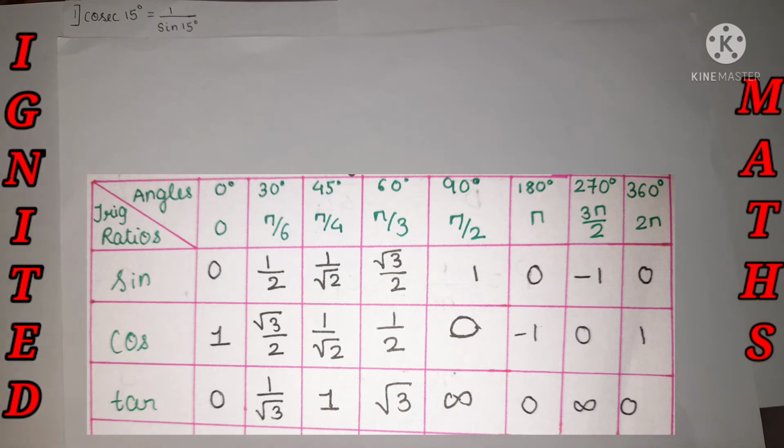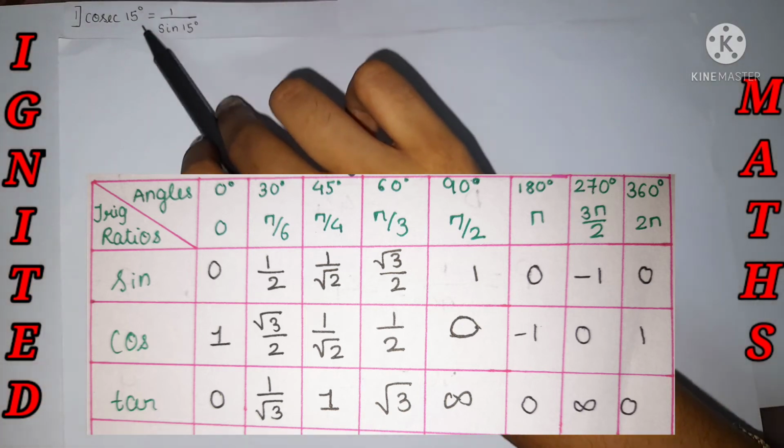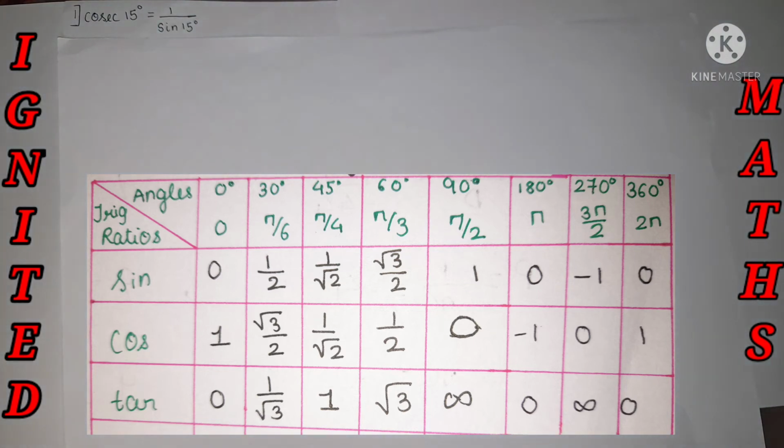Now, according to the trigonometric ratios, cosec theta is equal to 1 by sin theta. So cosec 15 degrees is equal to 1 by sin 15 degrees; over here theta is 15 degrees, so it can be written that way.